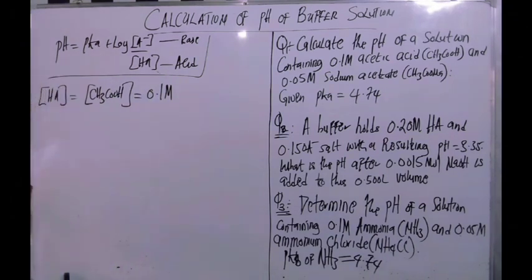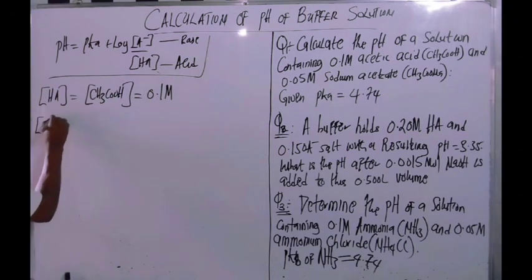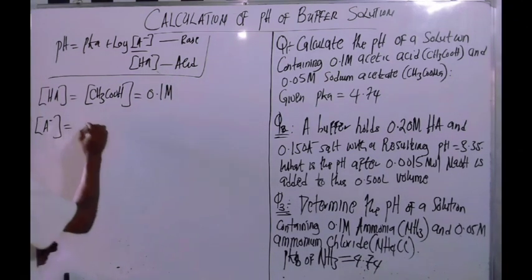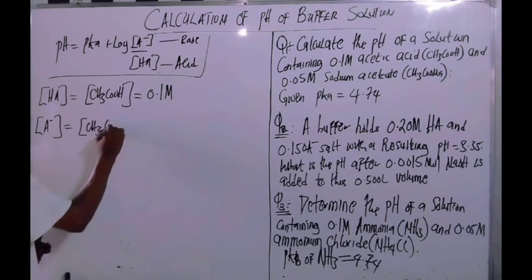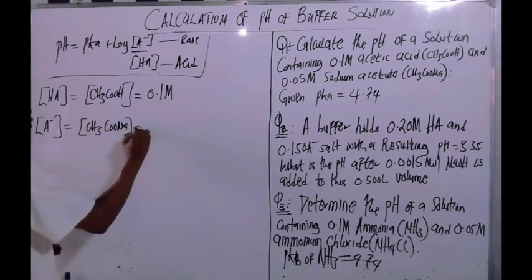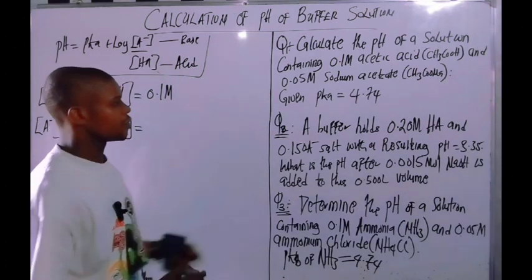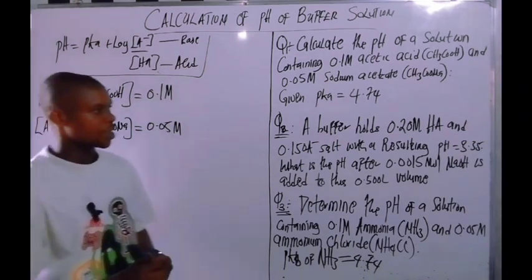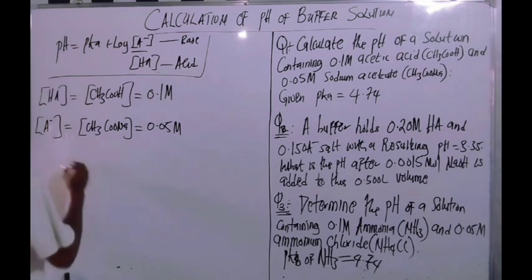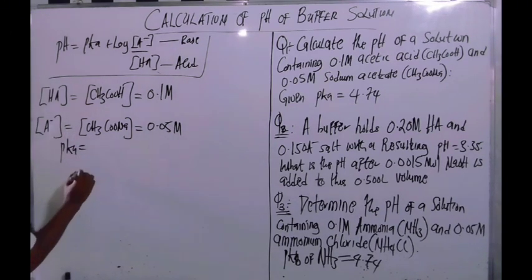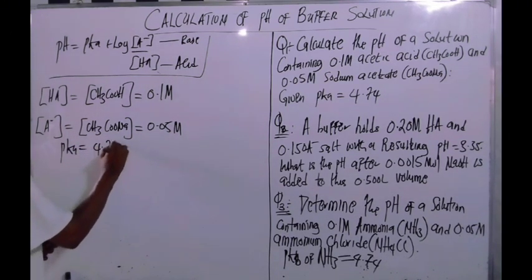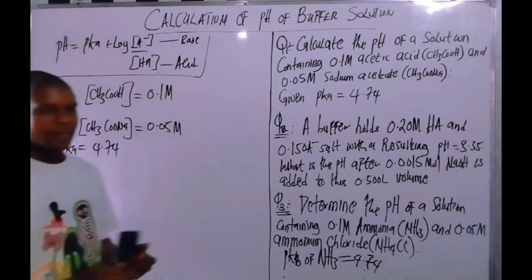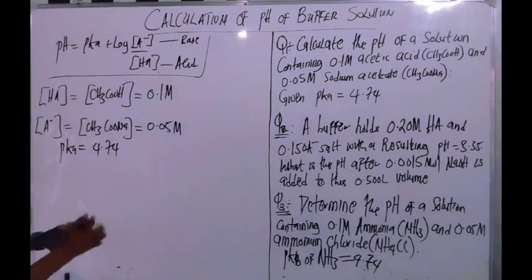So the concentration of A minus is equal to the concentration of sodium acetate, which they gave us as 0.05 molarity. And they gave my pKa. pKa is equal to 4.74. Now they say we should calculate the pH.